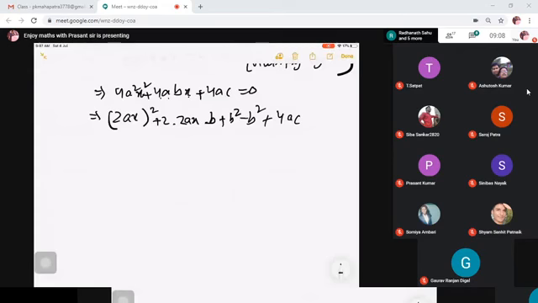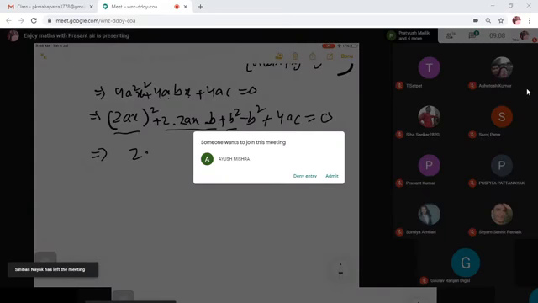Now you see we have got a plus b whole square. A square plus 2ab plus b square. So it is 2ax plus b whole square. Okay, from here we got 2ax plus b whole square. And what we have now left? B square plus minus b square plus 4ac. And this is equal to 2ax plus b whole square.